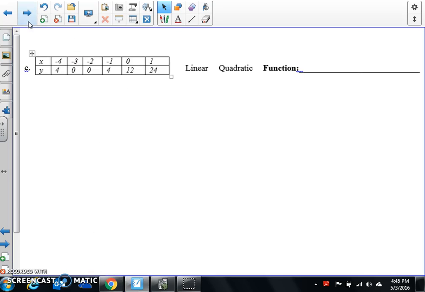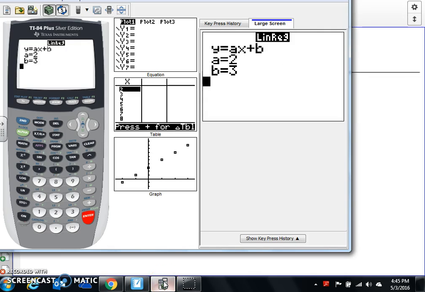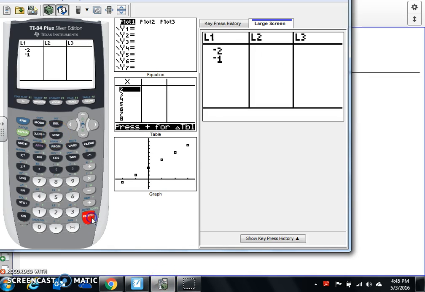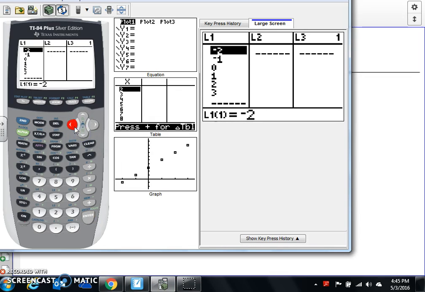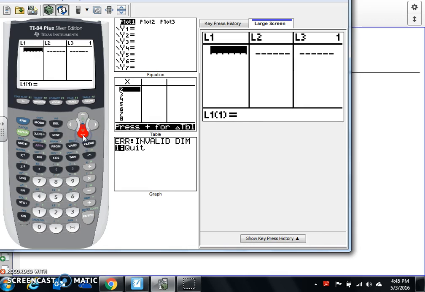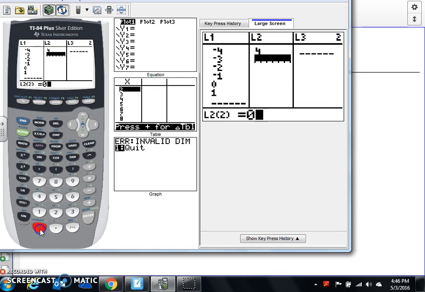And here we go. So in my calculator, I go back to stat, edit. We need to change all of our lists this time. Okay, so I've got negative 4, negative 3, negative 2, negative 1, 0, 1. For my y values, I've got 4, 0, 0, 4, and you're like, wait, I've seen those numbers.